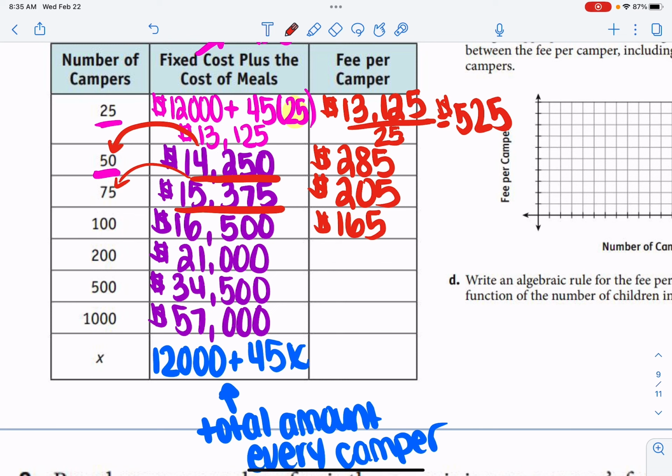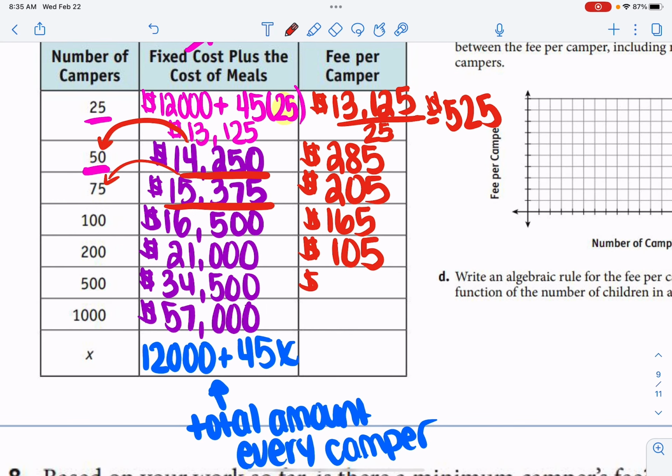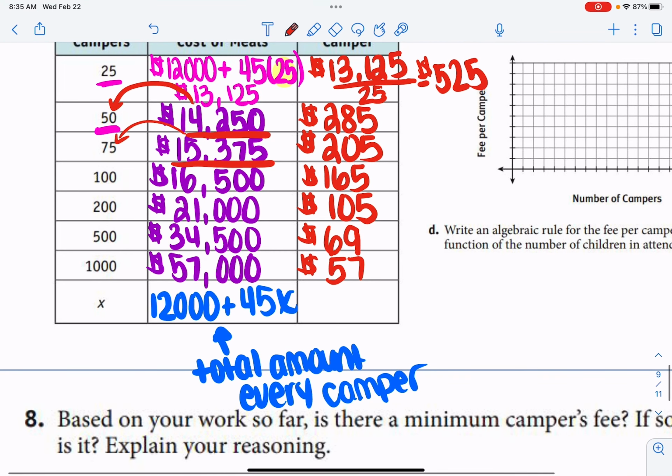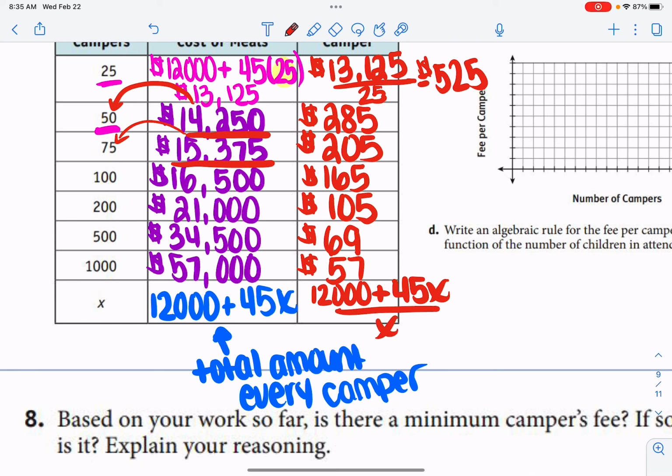For 200, you're going to get 105. So the cost per camper is going down. For 500, you're going to get 69. And then for 1,000, you're going to get 57. How I found that is I just took 12,000 plus 45 times x and divided by the number of campers.